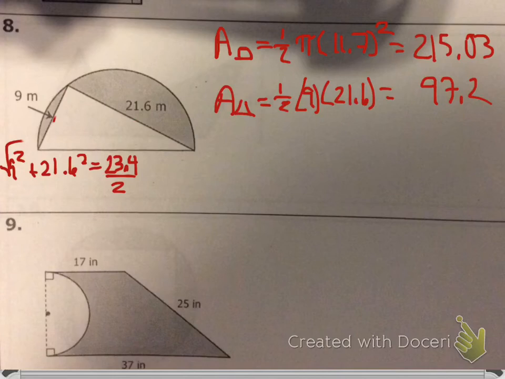I can't type. Alright, so the area of the shaded region here is 117.83 meters squared. And again, guys, I would give you some leeway in latitude.